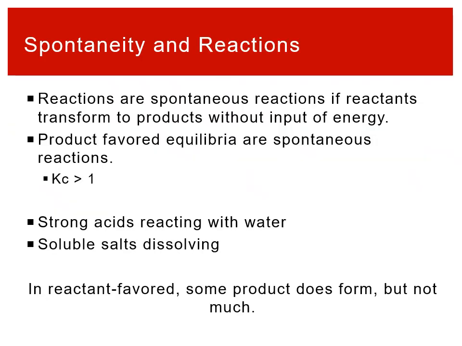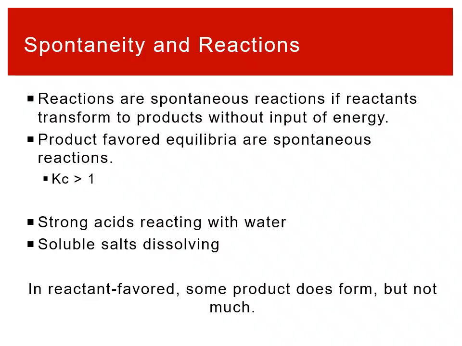So in the context of reactions, a chemical reaction is spontaneous if you mix some reactants and they just turn into products. In a chemical reaction, all you do is mix the reactants together, like pour two solutions together, and then all of a sudden they change into products. The atoms rearrange between the molecules.